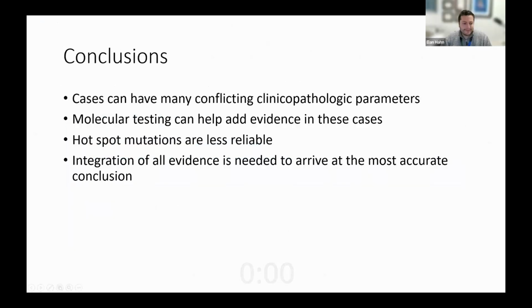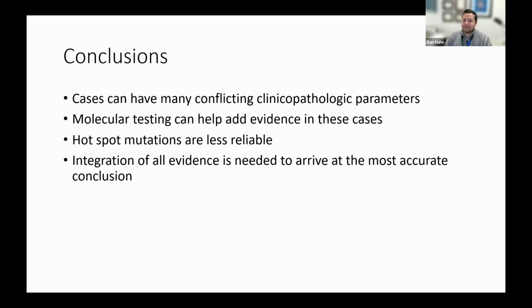All right, so in all of these cases, I guess we all agree that these molecular tests, in combination with the clinical picture, morphology, immunohistochemistry, pointed that they were from the same origin. And it's important to note that all cases can have a lot of different conflicting parameters.